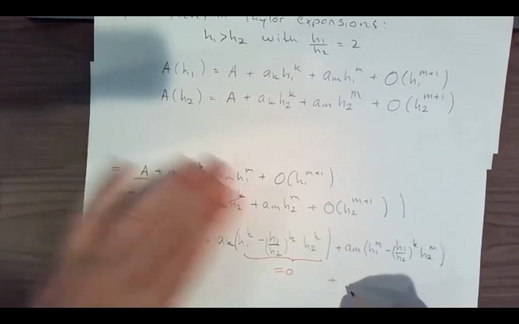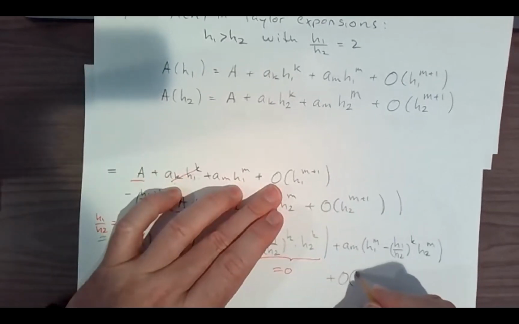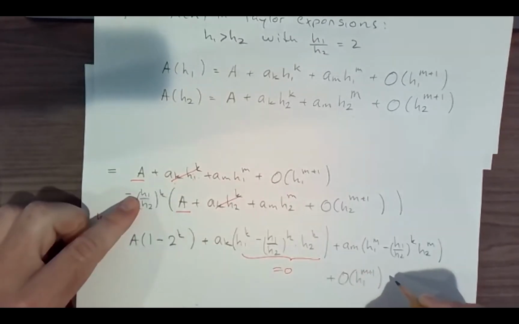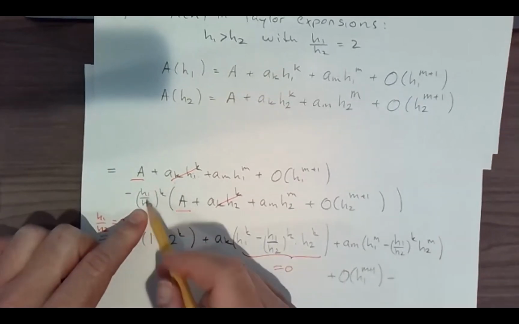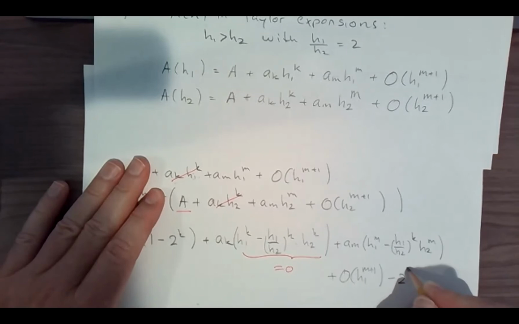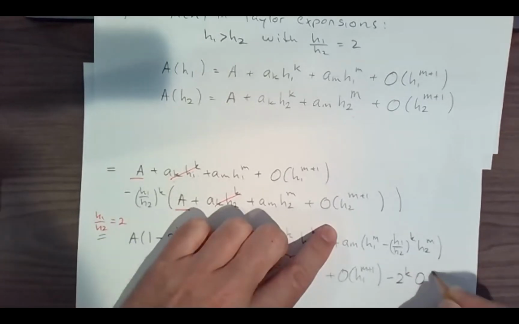It'll be the first one, O of H1 M plus 1, minus, and so this is again a 2 to the K, O of H2 M plus 1.